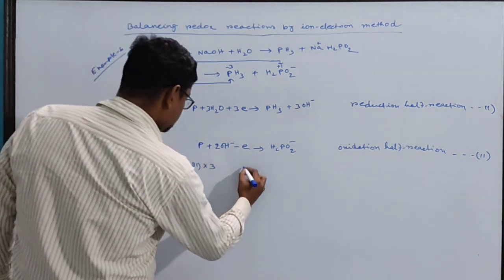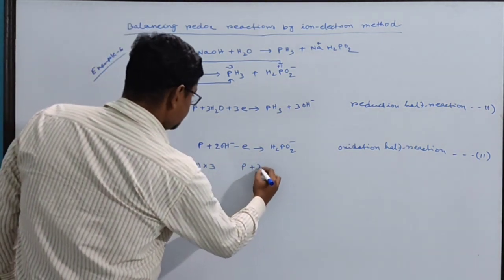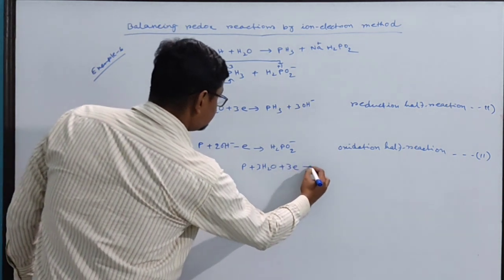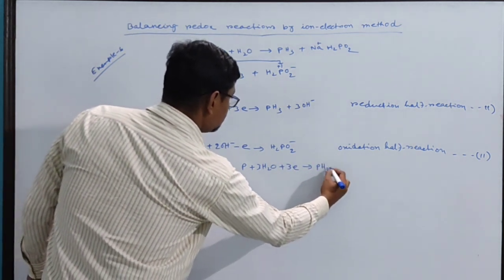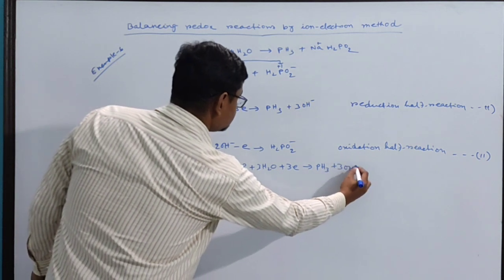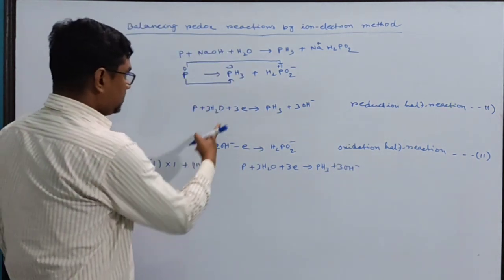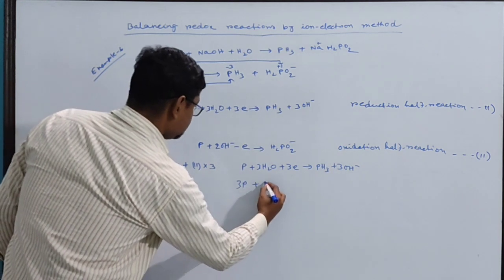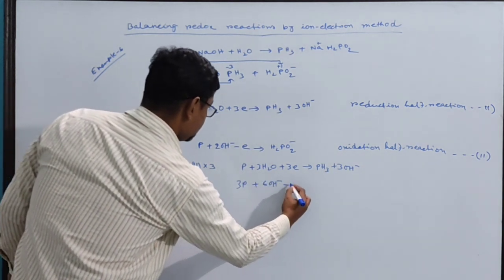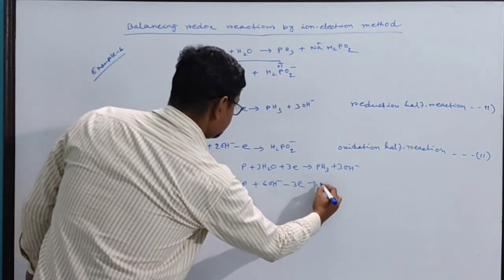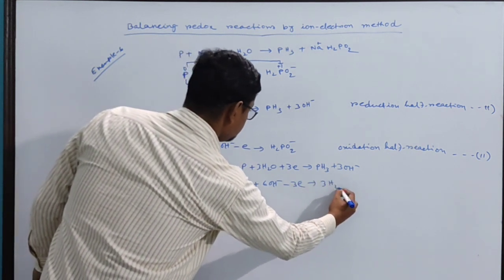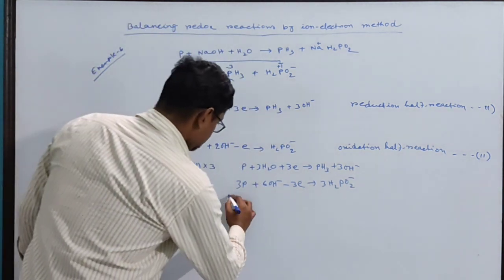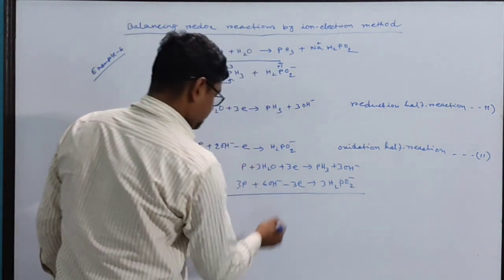Okay, so P plus 3 H2O plus 3 electron giving PH3 plus 3 OH minus, and the second reaction will be multiplied by 3, so it will be 3P plus 6 OH minus minus 3 electron giving 3 H2PO2 minus. Okay, now add them.